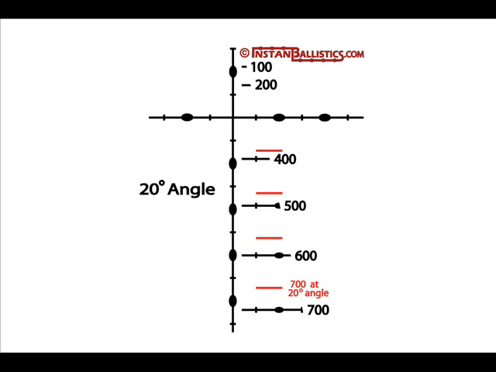So we're only cutting the angle by 10 degrees, but the difference is about half of what you would normally have to adjust for a 30-degree angle. So it makes a big difference just between 20 degrees and 30 degrees on how far you need to pull away from your standard distance marker.